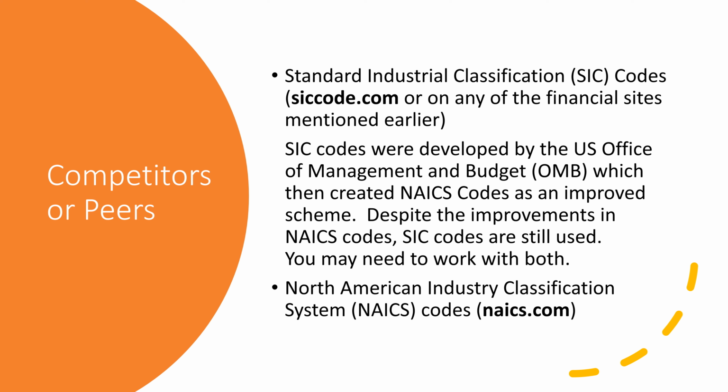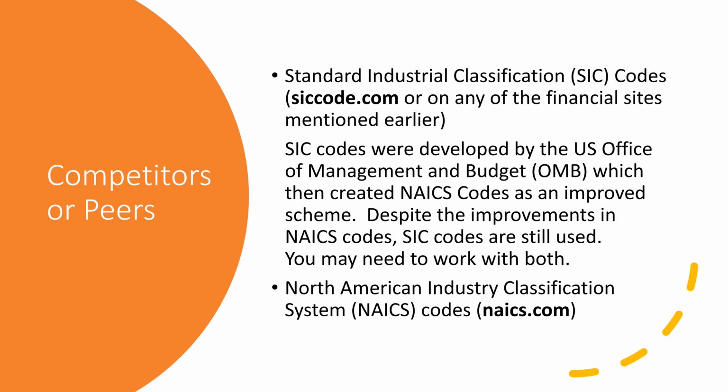They were developed by the US Office of Management and Budget, but over time, OMB realized that they could make improvements and came up with a new code scheme called the North American Industry Classification System, or NAICS.